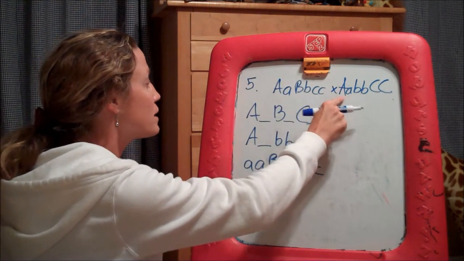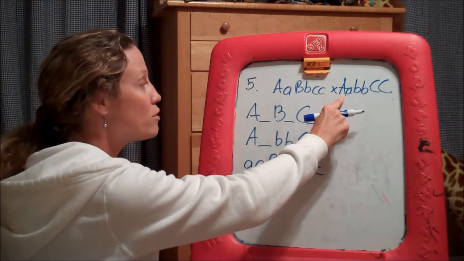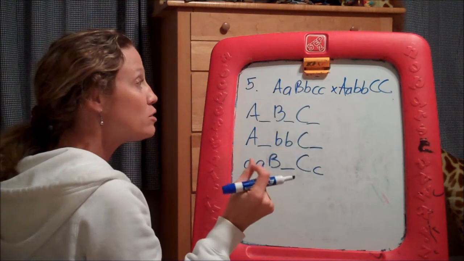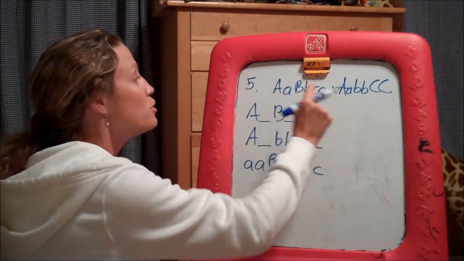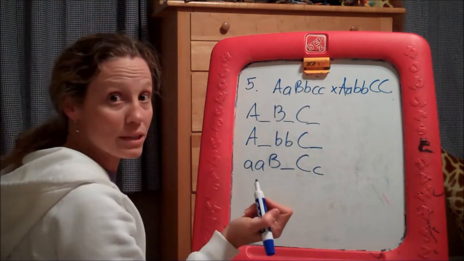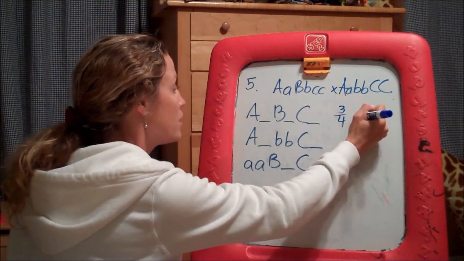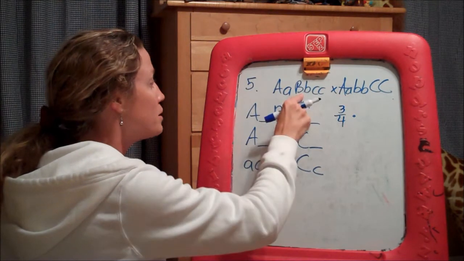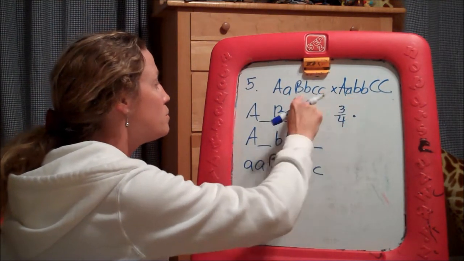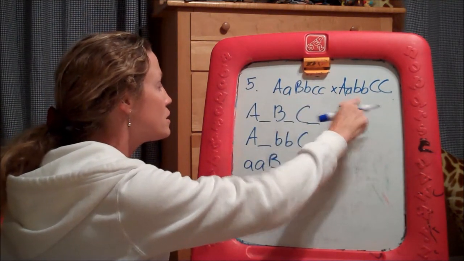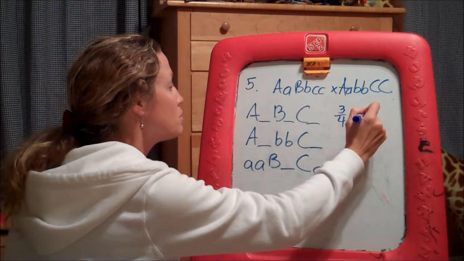Okay, so what's the chance of having big A, little a crossed with big A, little a? That's going to give you 1/4 big A big A, 1/2 big A little a, and 1/4 little a little a. So you add the big A big A to the big A little a, and that's going to be 3/4. Okay? The B, big B little b crossed with little b little b, to give you big B anything. So that's going to be 1/2.